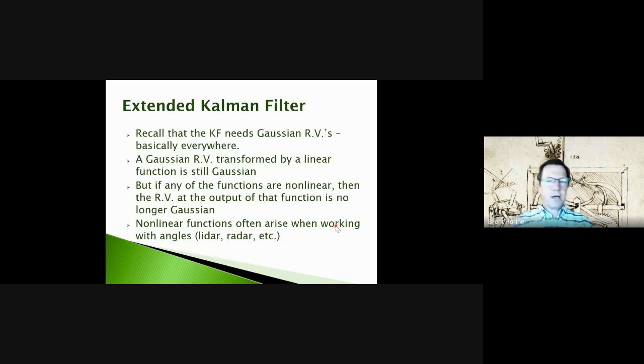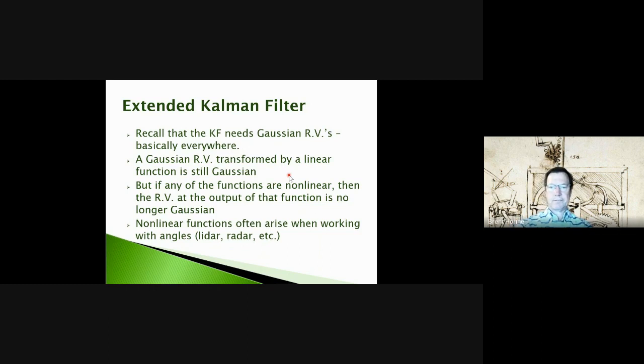All right, so recall that the Kalman filter needs Gaussian random variables, basically everywhere. And the interesting thing here is a Gaussian random variable transformed by a linear function is still Gaussian. But if any of these functions are nonlinear, then that random variable at the output of the function is no longer Gaussian, right?